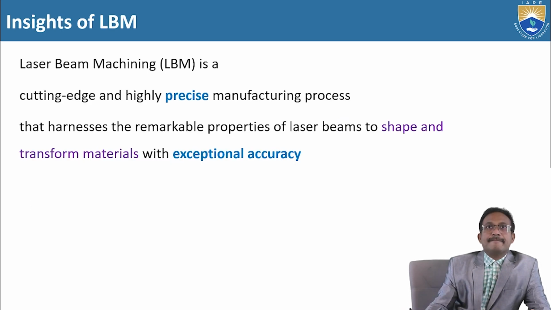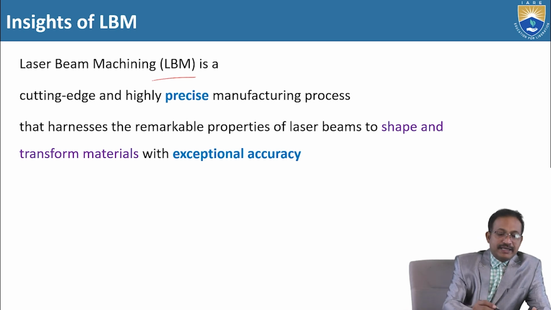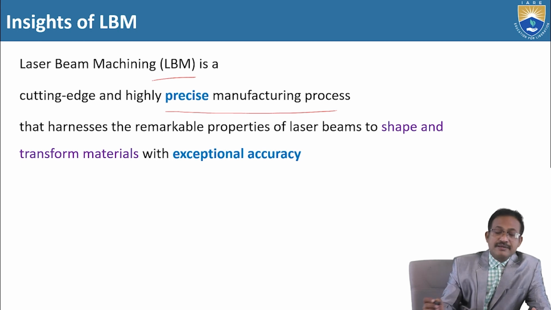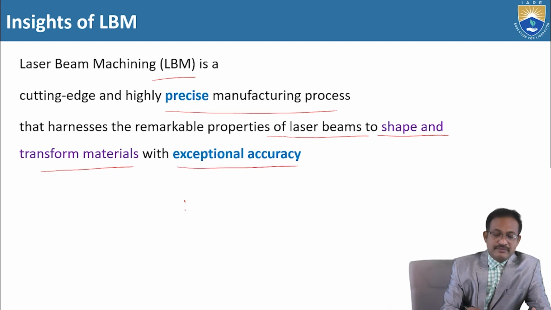Insights of laser beam machining. In short, LBM, laser beam machining, is a cutting edge and highly precise manufacturing process that harnesses the remarkable properties of laser beams to shape and transform materials with exceptional accuracy.